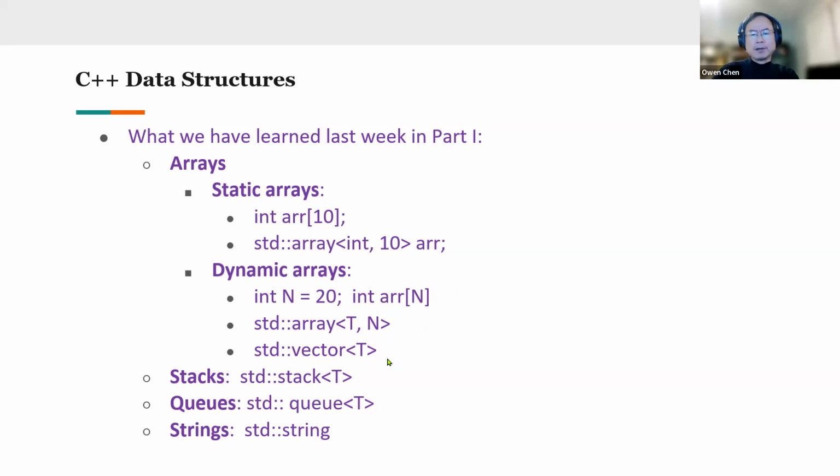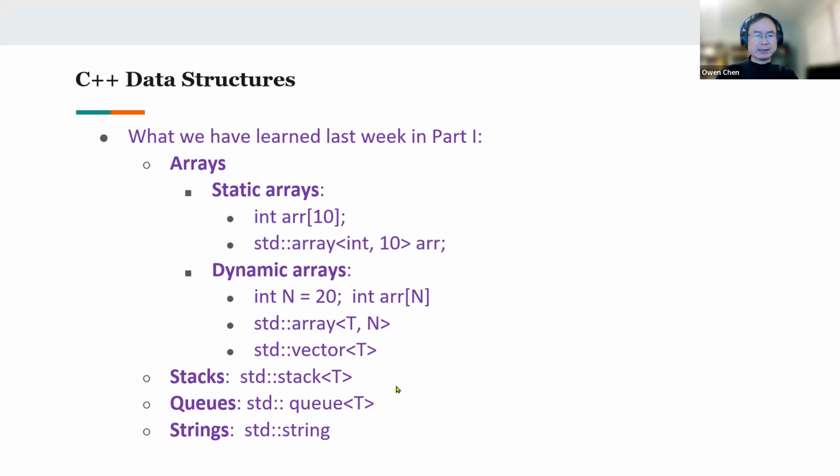And probably the one we use the most is the vector as a dynamic array. I think this vector dynamic array is used more often in this USACO competition. This is more of the data structure of choice for the dynamic array.